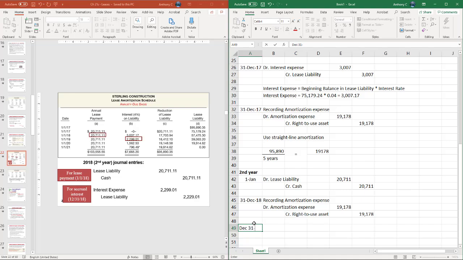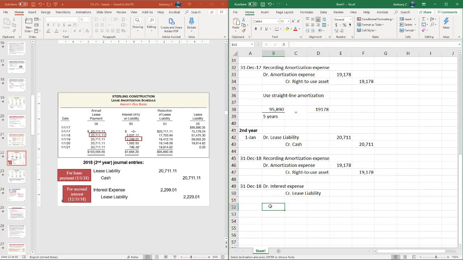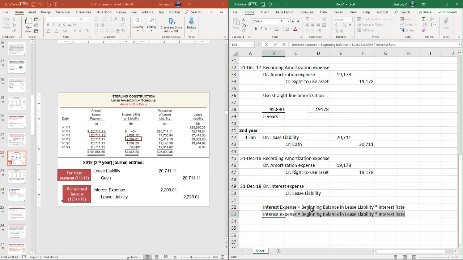However, for our interest expense for the second year, since we're using the effective interest method, this amount will change. Again, how we calculate this is the same as in the first year. We're just taking our beginning balance in the lease liability, and we're multiplying it by the interest rate. So in the second year of 2018, our beginning balance is $75,179.24.